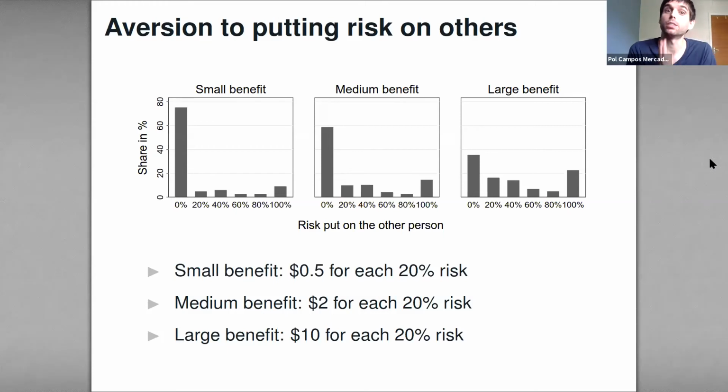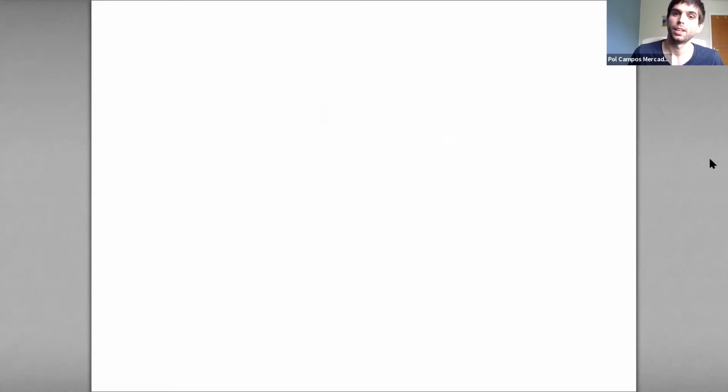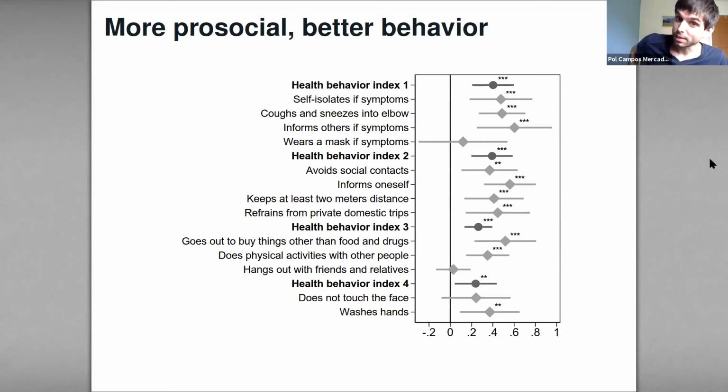So now that we have this measure for each person, we can check whether people who are more pro-social, more averse to putting risk on others, are also those who are behaving better, who have better health behaviors. So this is the correlation between people's pro-sociality and their health behaviors, right?